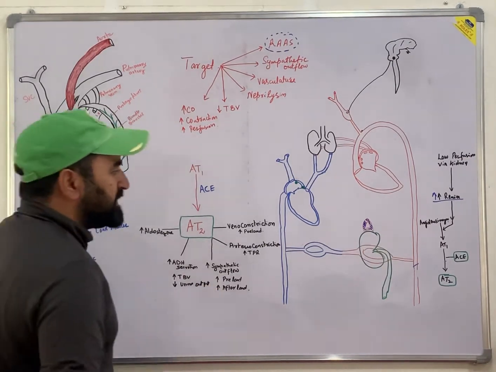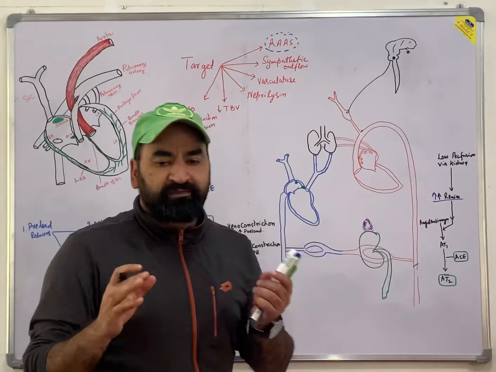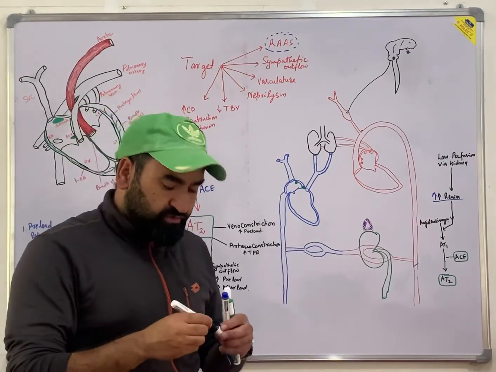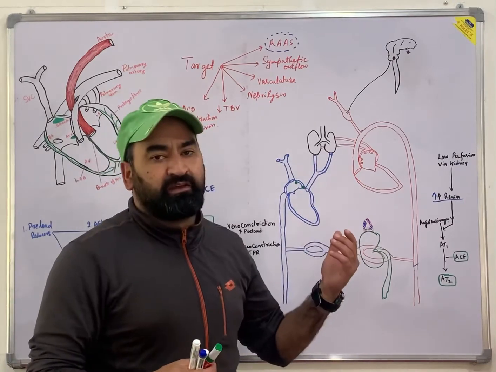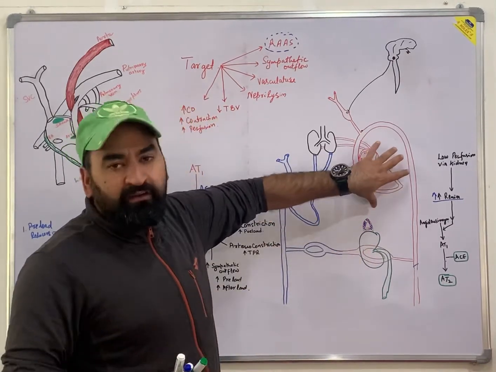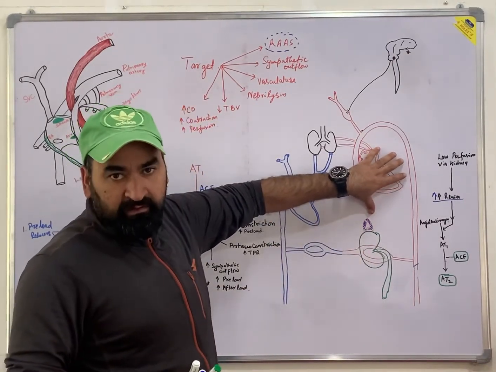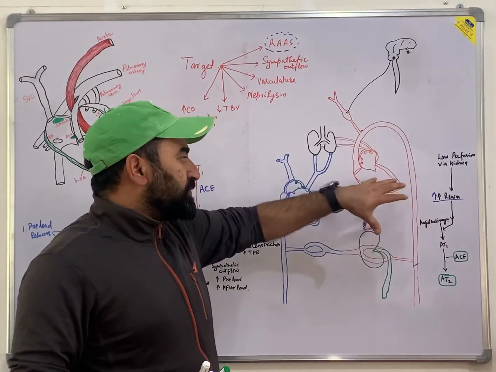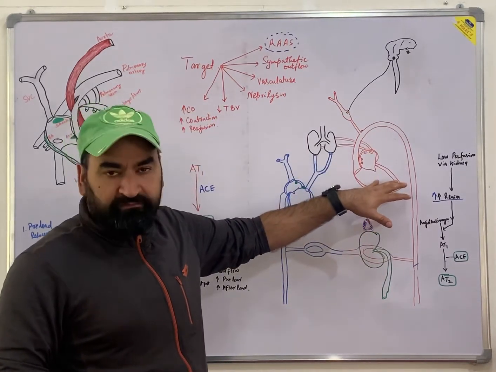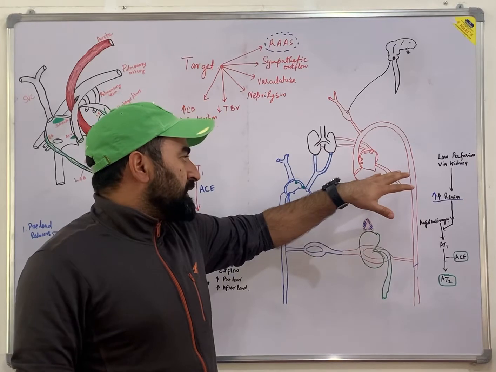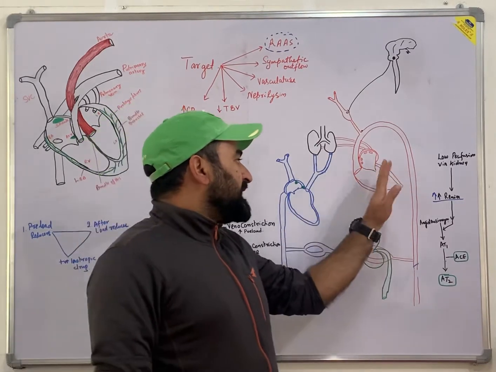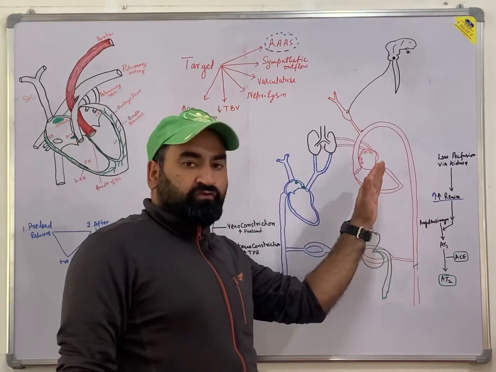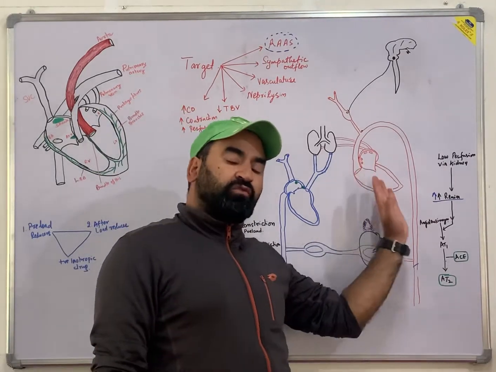First, let me tell you, there are two forms of edema that occur in the congestive heart failure. One is the generalized edema and another is the pulmonary edema. You know, when there is left side heart failure, there is pooling of the blood inside the left ventricle. When the pooling of the blood is too much, then it flows back through the pulmonary veins into the lungs.